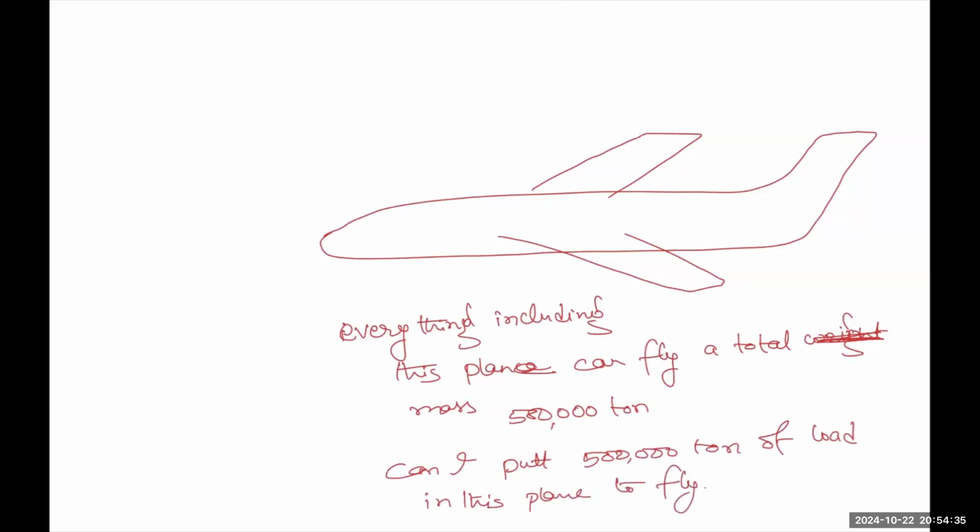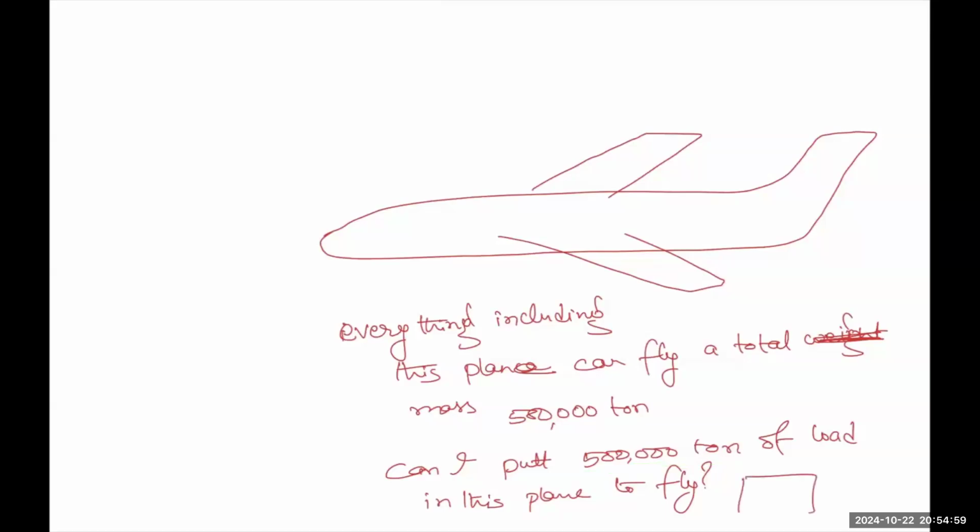Yeah, it can fly with that total weight. Can I put 500,000 of load in the plane? Everything including, can I put this 500,000 ton in this plane? This plane flies, right?